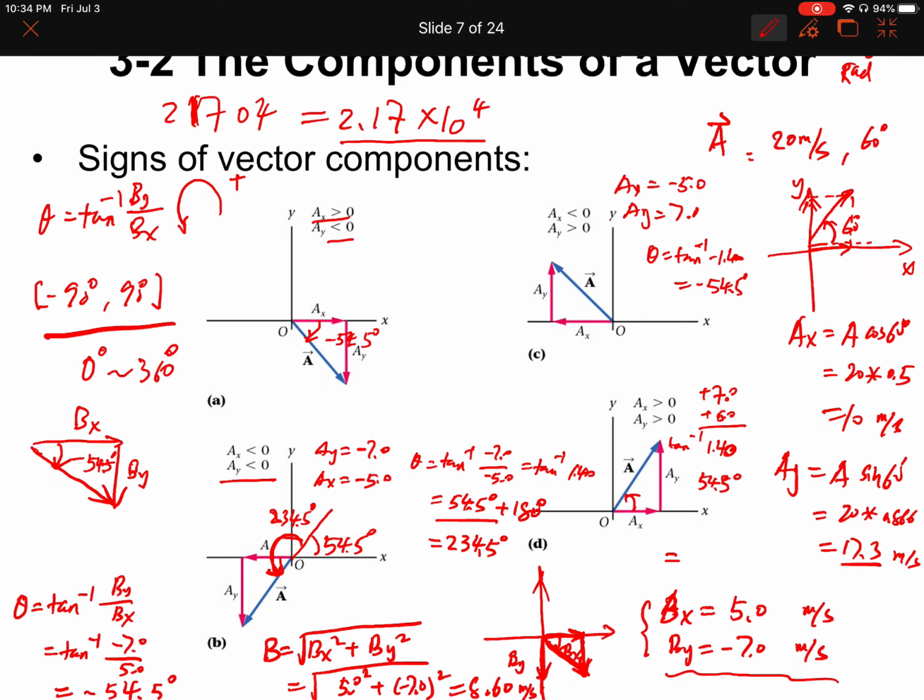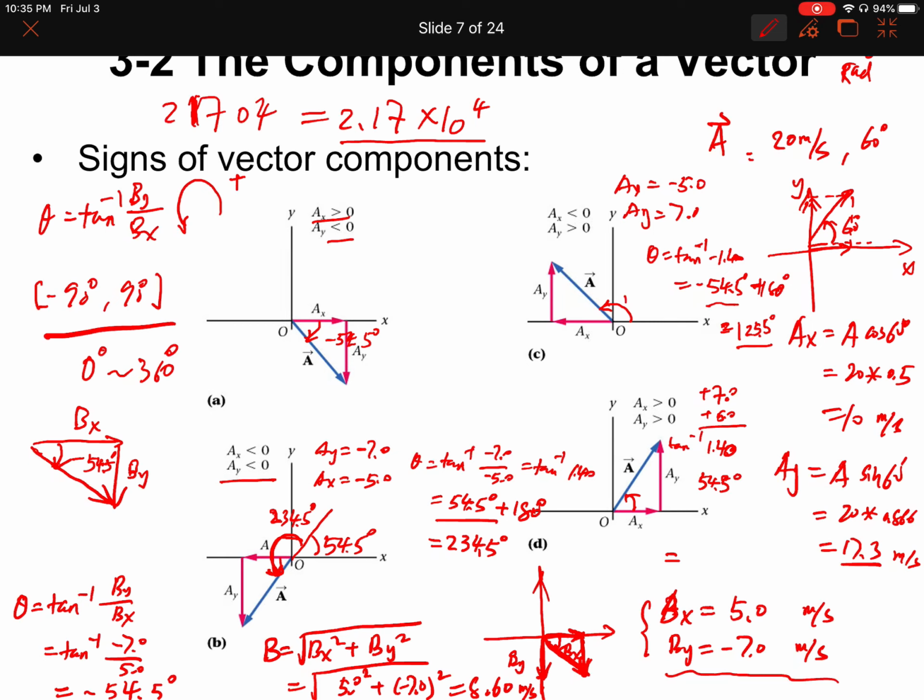It turns out it should be in the second quadrant, and this angle is in the fourth quadrant. So what do you do? Same thing here. You add 180 to push this angle into the second quadrant. So add 180, this equals 125.5 degrees. And that is in the second quadrant.